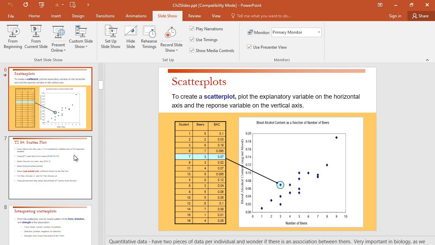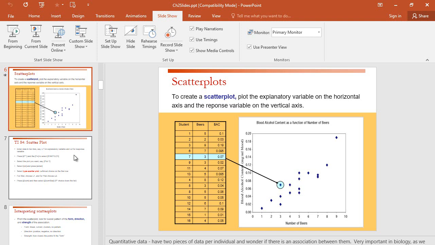What kind of relationship do we see among the two variables here? So the first question to ask, what's the form of this relationship? That is, by form, I mean, does this relationship look like a linear relationship?